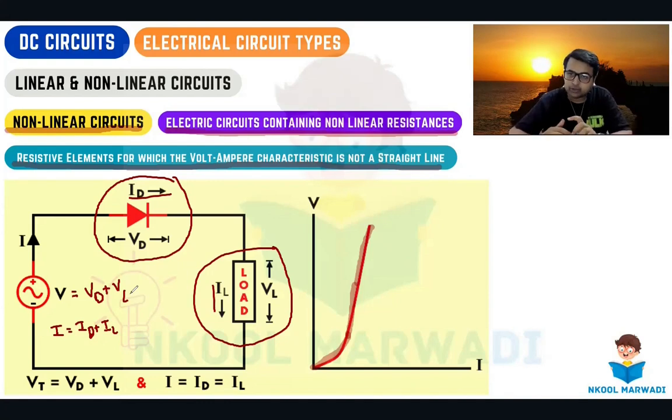Now, why is it so? What is so special in the diode, what characteristic does it possess because of which the circuit becomes non-linear? That is a matter of discussion which we will discuss for sure. But for now, we have seen that whenever we introduce a diode in an electrical circuit, that circuit becomes non-linear.